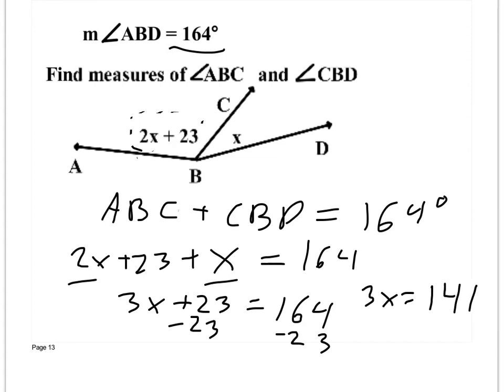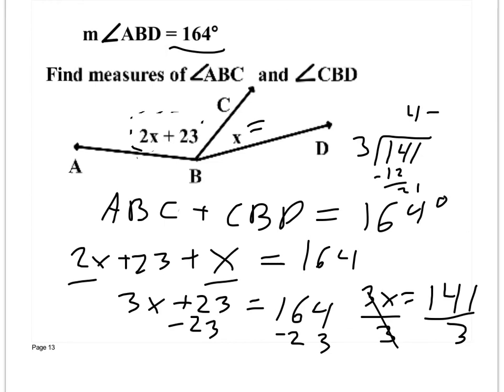Then I would divide by 3. 141 divided by 3 gives me, anybody know? It's 47.